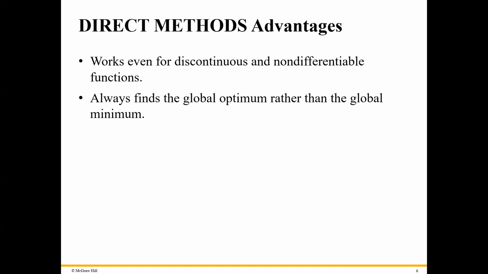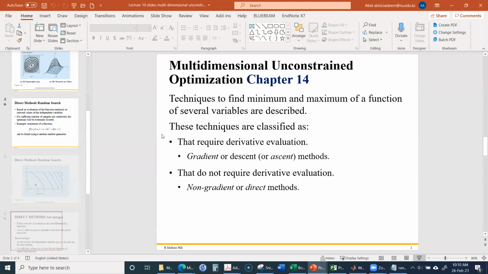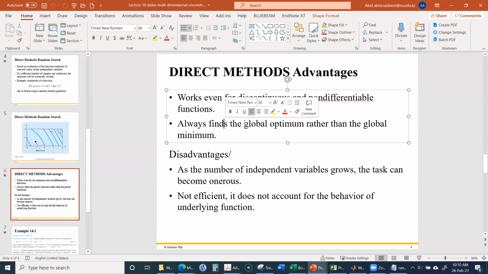Here there is one typing error actually. Here it should be local optimum. So it always finds the global optimum rather than the local optimum, not global minimum.